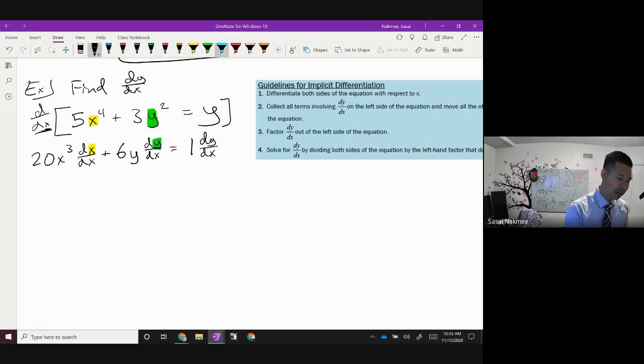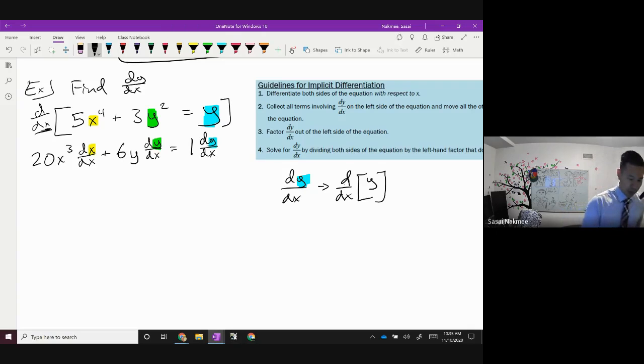And again, y is this y. That dy is coming from the fact that it's d right there. I hope you guys can see that. If you're looking at that dy dx in blue, the idea is that you're taking the derivative with respect to x of y, and that's where that's coming from.